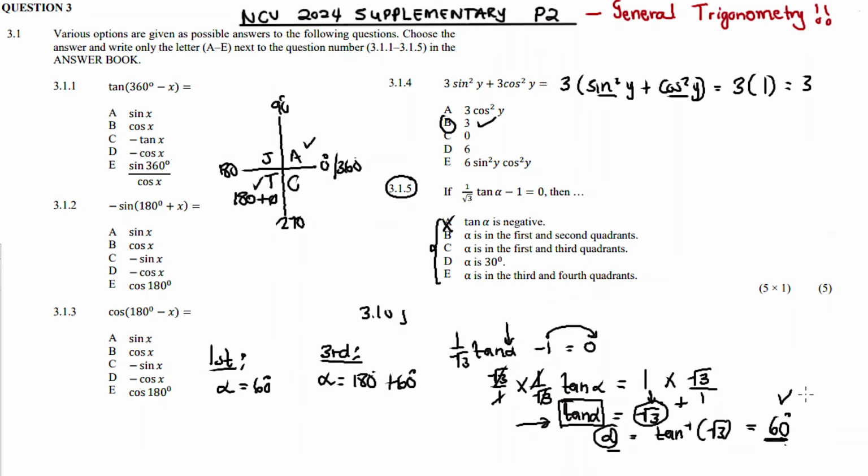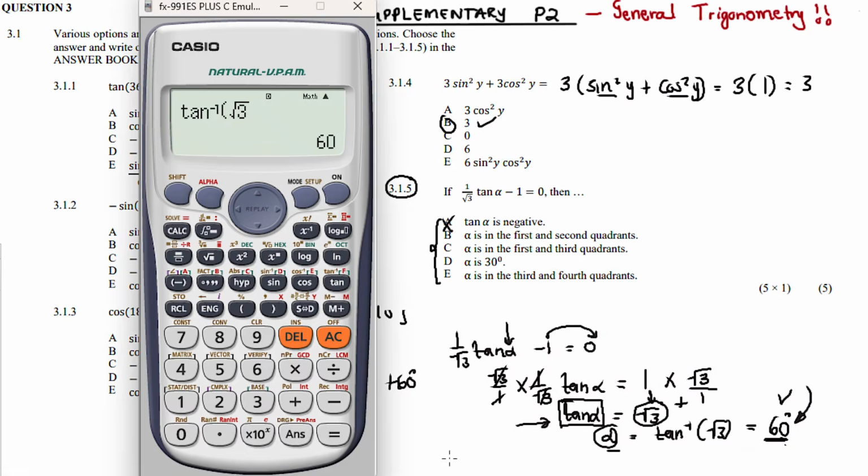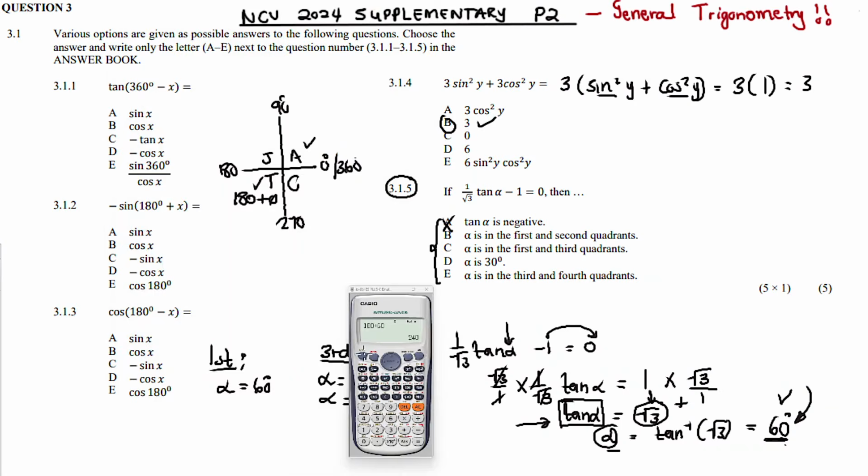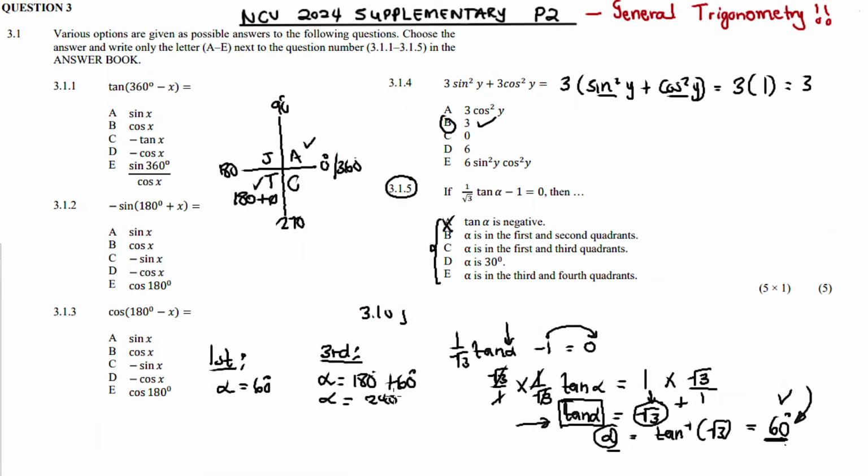I'll elaborate further on trigonometric equations once we get to, I think it's question 3.3 if I'm not mistaken, in this same question 3. So alpha now becomes 180 plus 60, which gives us 240, right?